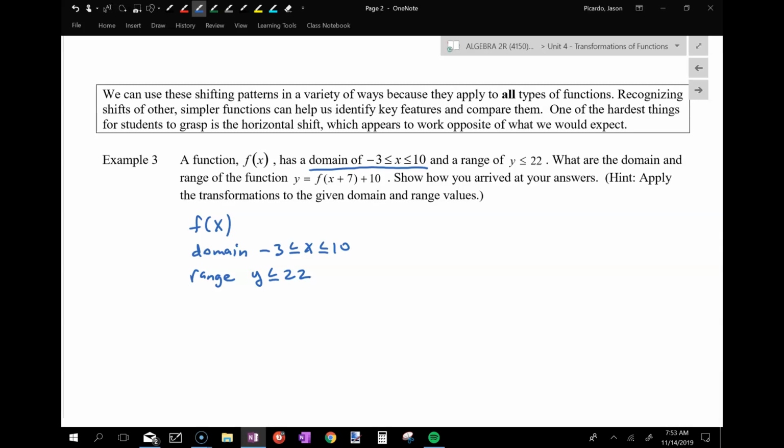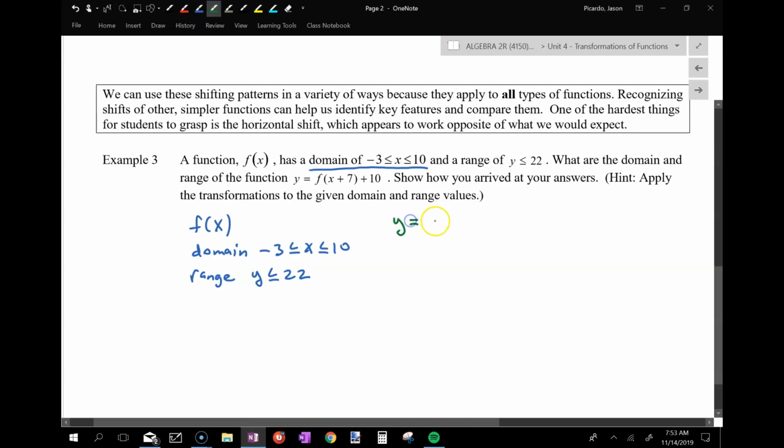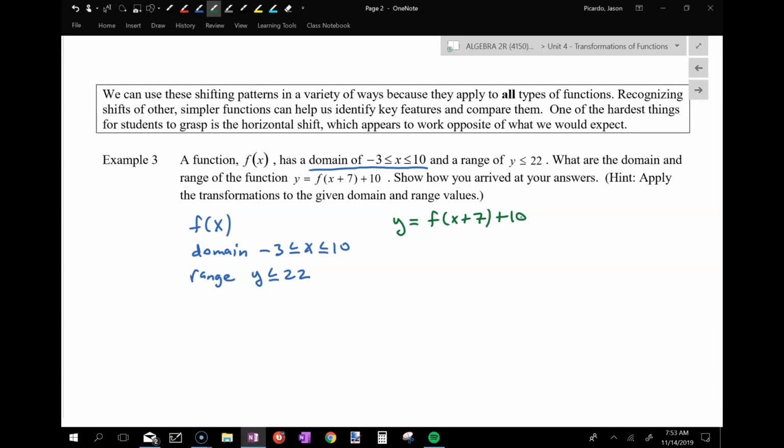What are the domain and range of this? Okay, so clearly it's going to be talking about some shifting, right? So Abby, since I know you're not afraid, based on our conversation, how would that function shift?